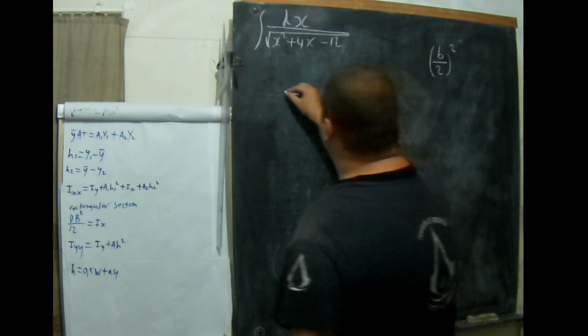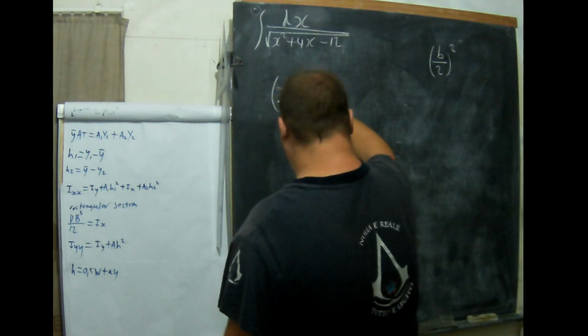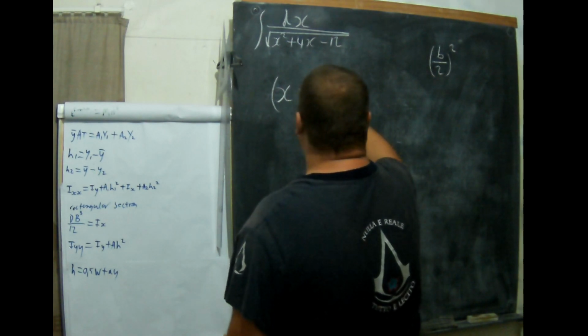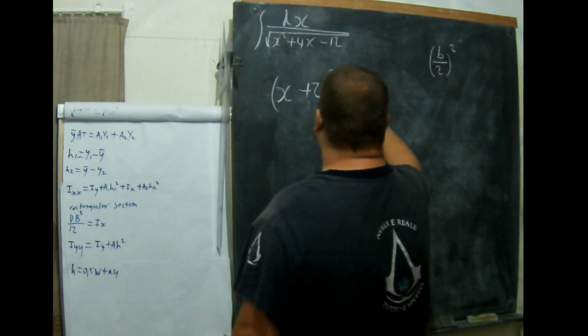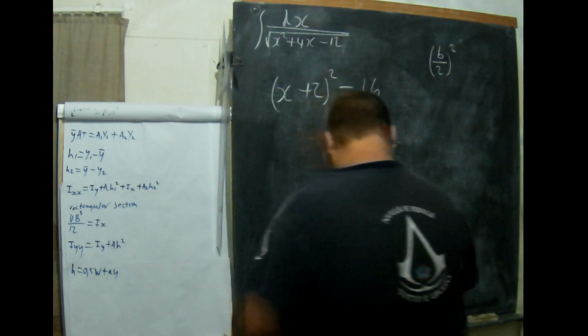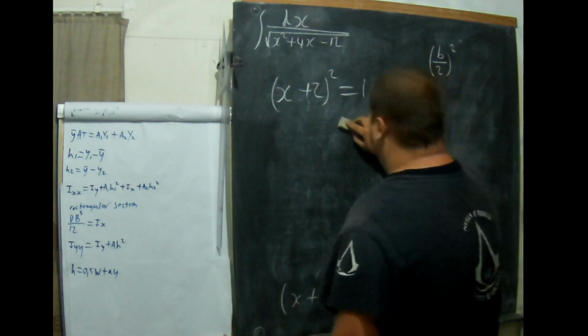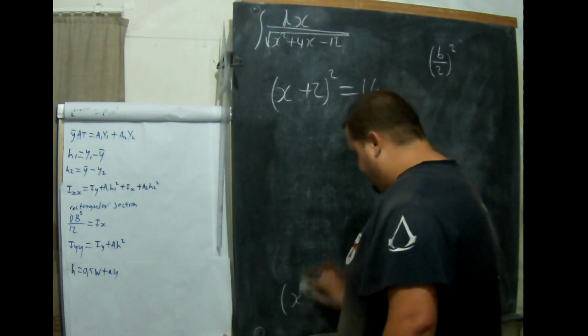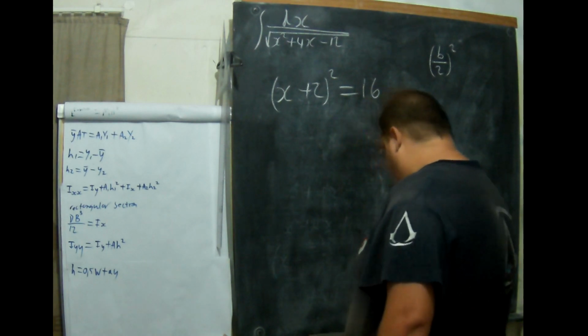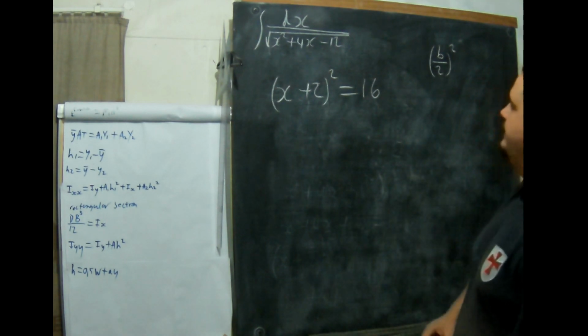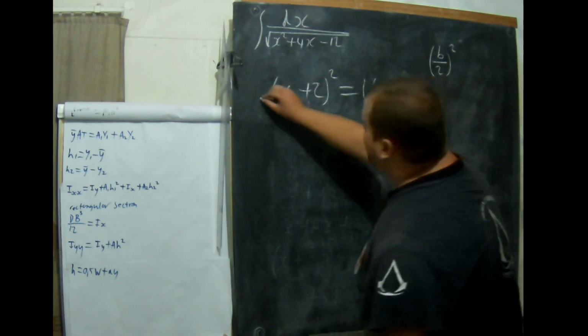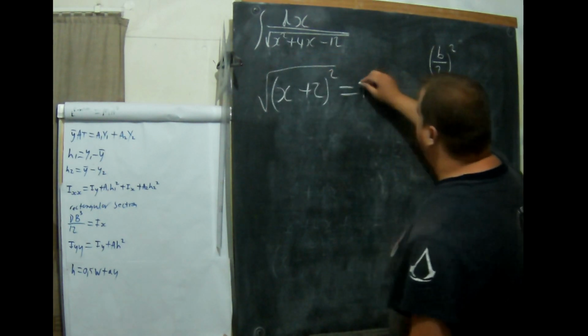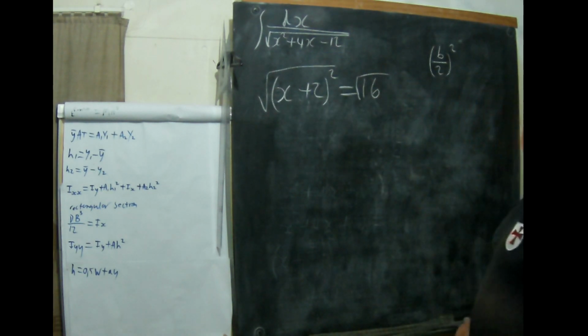Now we have x plus 2 squared equals 16. To get x plus 2 by itself, we root here and we root there.